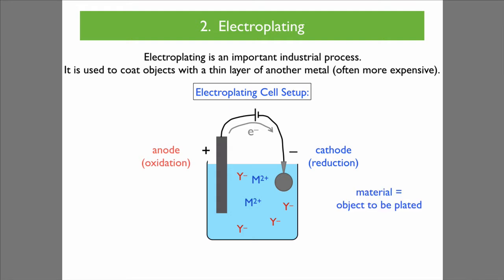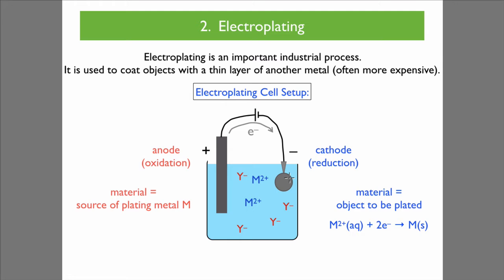The material which we want to be plated is the cathode, and it will draw in the ions. Here you can see this is what we want to plate on top of this circular cathode. We're going to move over here, we're going to grab the electrons being pumped by the battery, and you get a coating of this metal on top of whatever the cathode is made from.